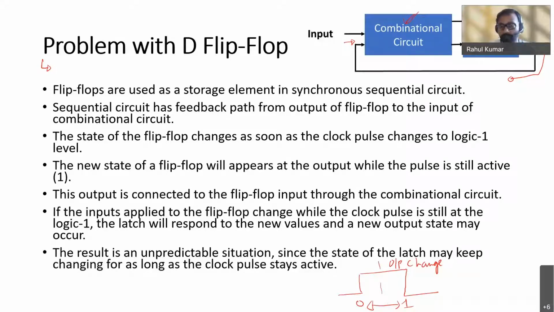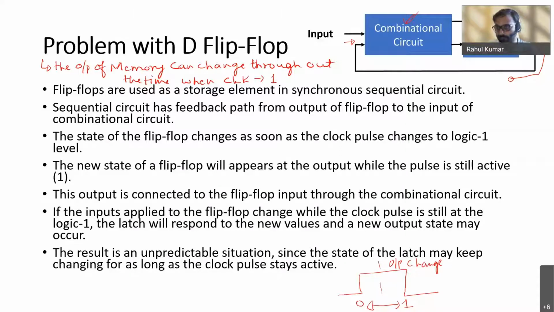So the problem with D flip-flop, if you directly use D latch as a flip-flop, is that the output of memory can change throughout the time when clock pulse is high or it is 1. Right?